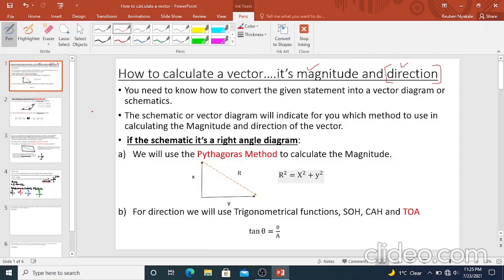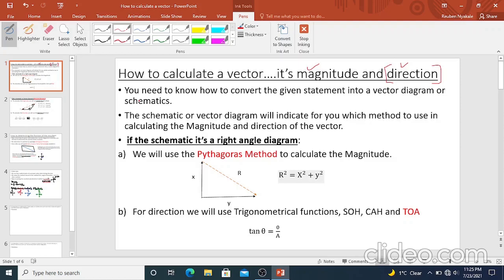Now, when you calculate a vector, the first thing that you need to do is convert the given statement into a vector diagram or a schematic. You will be given a statement in words.